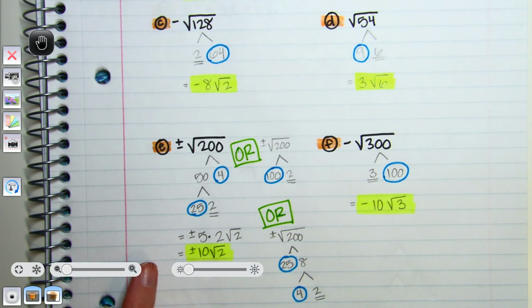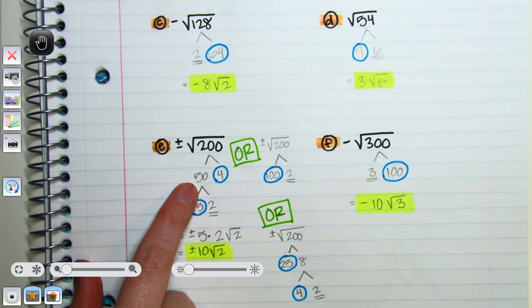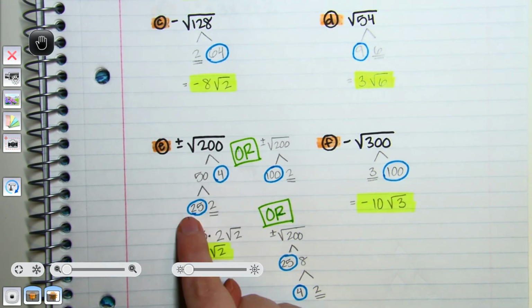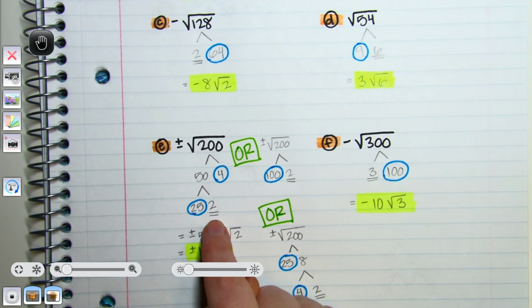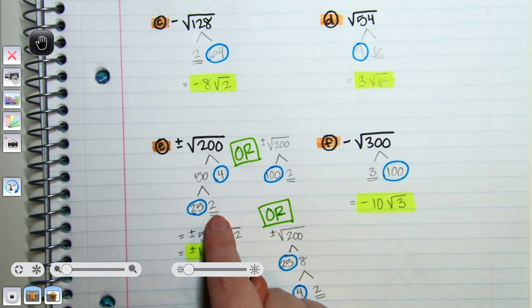Then for part E, I showed you how many different ways there are to do this. So this is what I was talking about. You may have looked at this and seen, well, 200, I know 50 goes into that 4 times. 4 is a perfect square, but then I can break 50 down even further. You may have broken 50 down as 5 times 10 instead of 25 times 2.